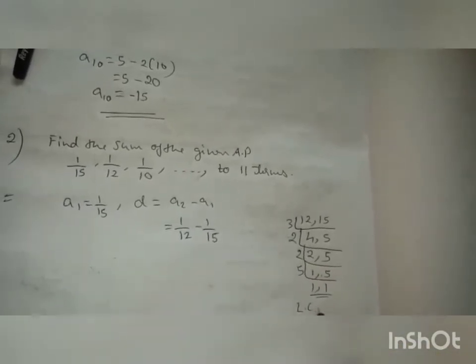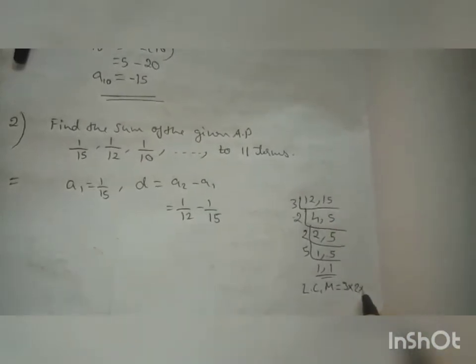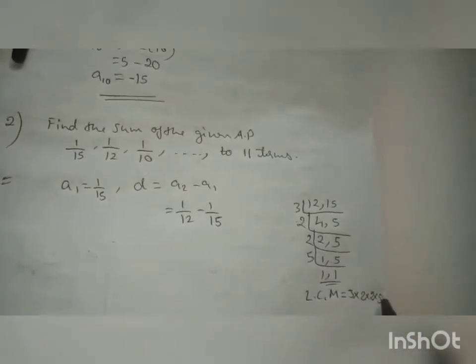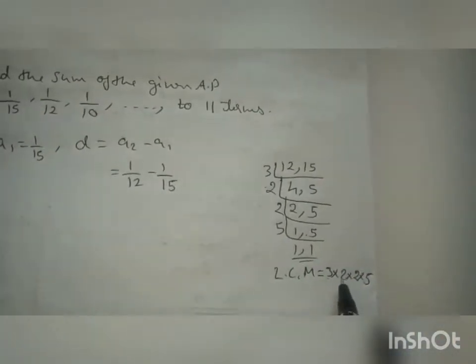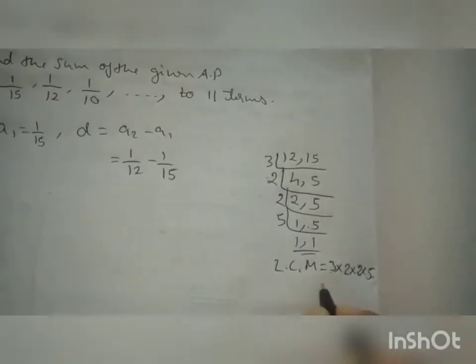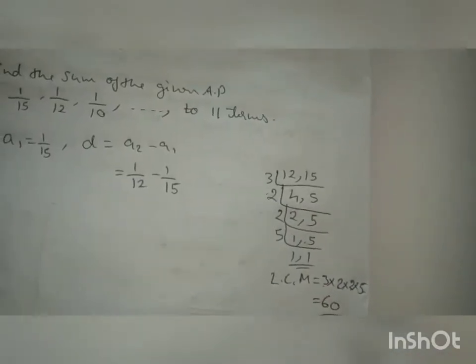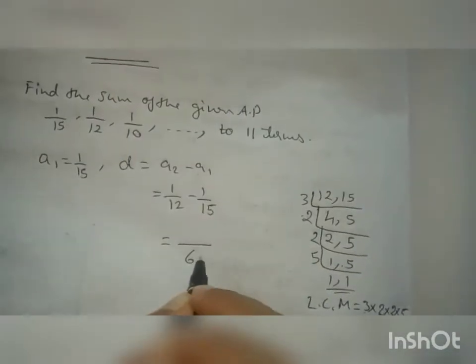So what will the LCM be? 3 into 2 into 2 into 5. 3 2s are 6, 6 2s are 12, 12 5s are 60. So LCM is 60. So write that here, 60.